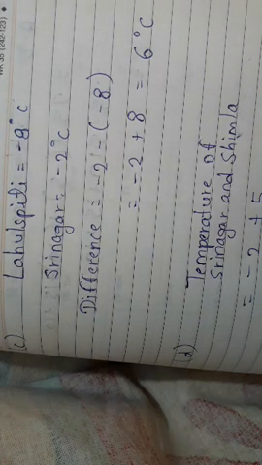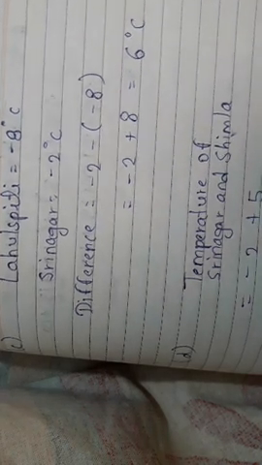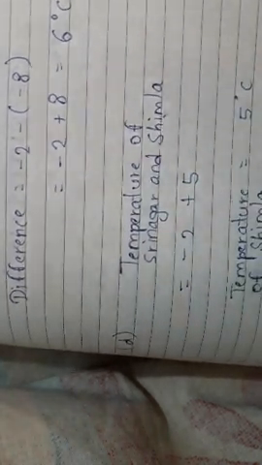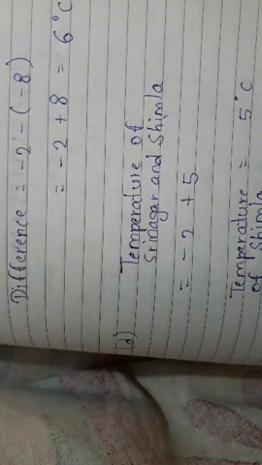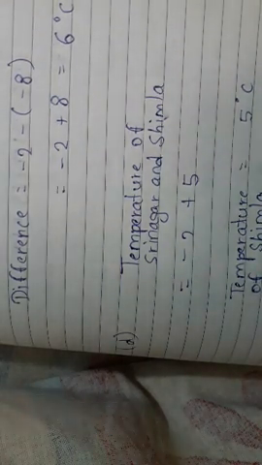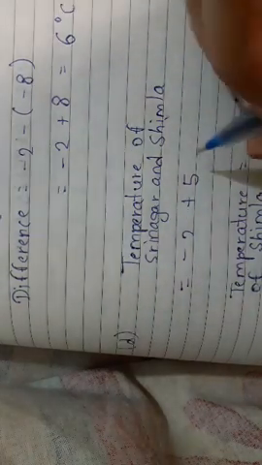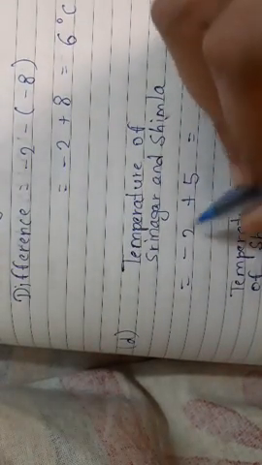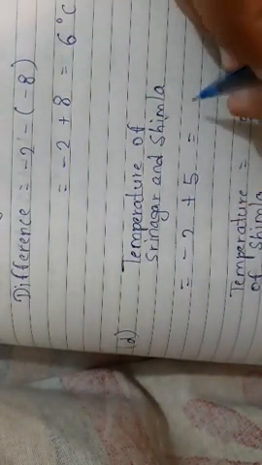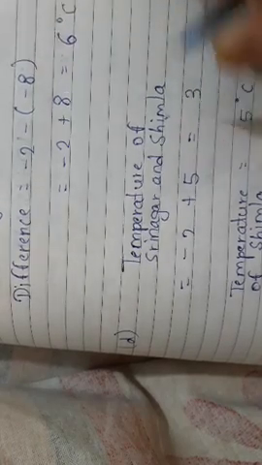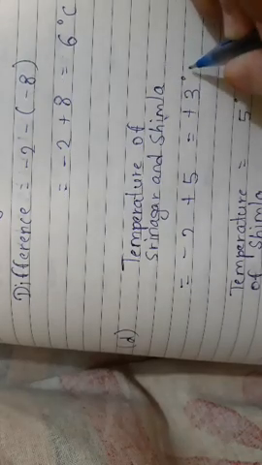The temperature of Srinagar is minus 2 and of Shimla it is plus 5. So this will become minus 2 plus 5. Minus 2 plus 5, the difference is 3, and the sign will be of the greater number, that is plus. So this is plus 3 degrees Celsius.